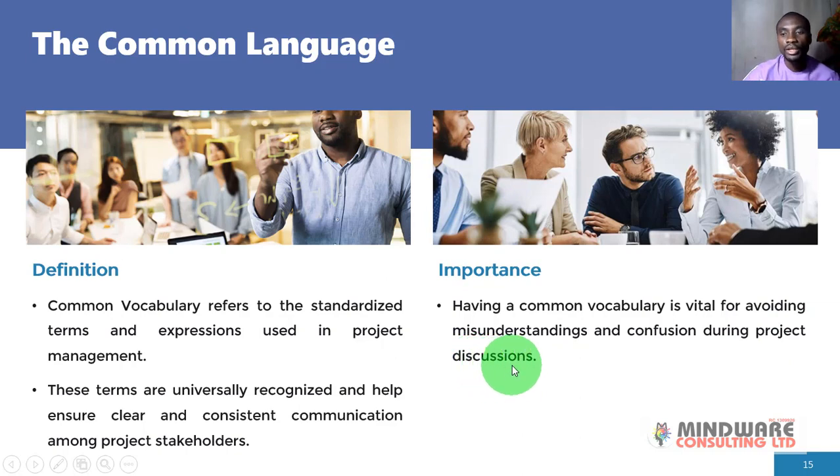You don't want to send the wrong message across, or have your stakeholders getting the wrong information. So everyone needs to be on the same page in terms of the language being used, because any misinformation or miscommunication can actually have collateral consequences on the outcome of the project.